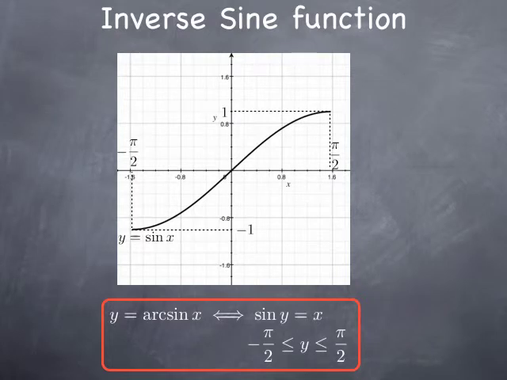Now, what about the graph of the inverse sine function, arcsine? Here we have the graph of the restriction of sine x to the interval -π/2 to π/2. And we have seen, when we were talking about inverse functions, how to obtain the graph of the inverse function of a 1-to-1 function from the original graph.